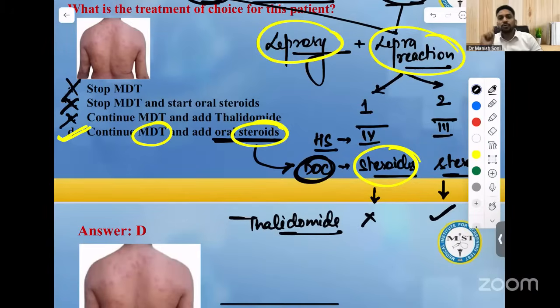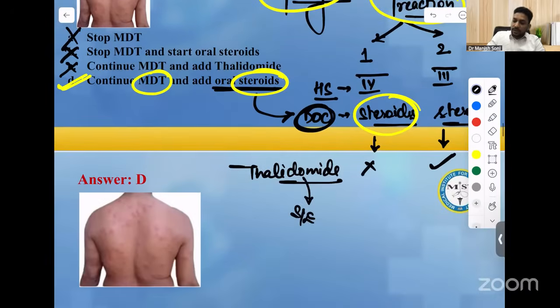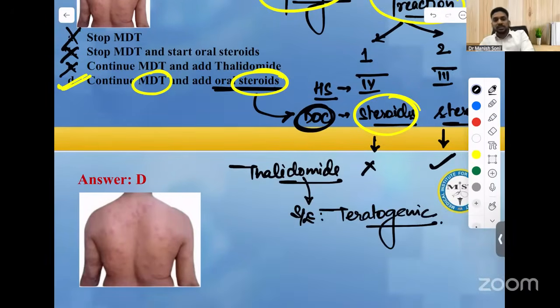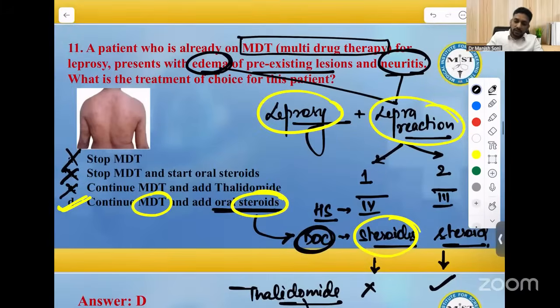So in type 2, you can use thalidomide, but it is not the drug of choice. Why? Because it is a teratogenic drug. So thalidomide can also be used, but the drug of choice is steroids, and they are asking the treatment of choice. So you will give steroids.